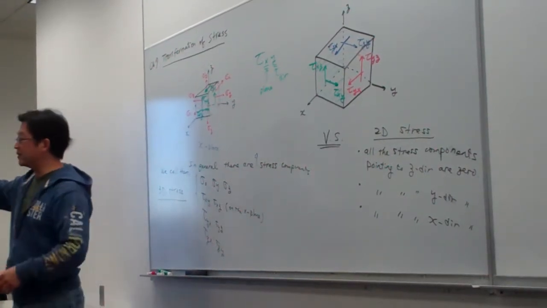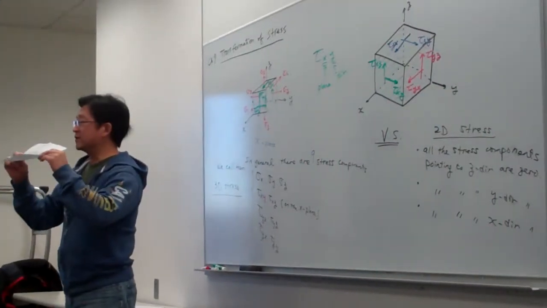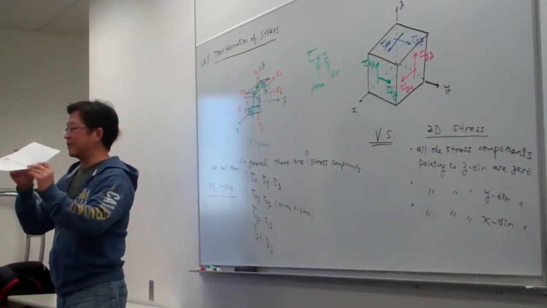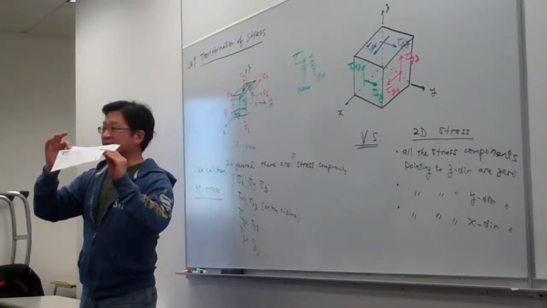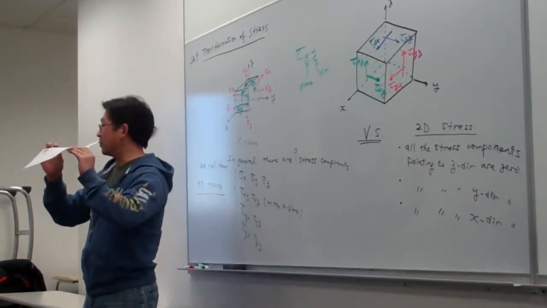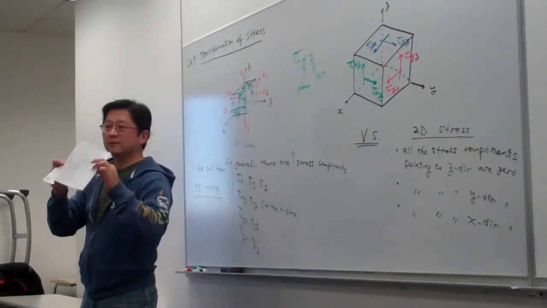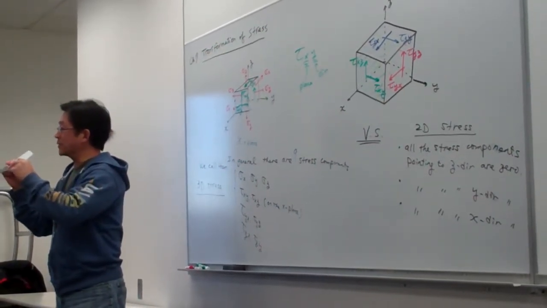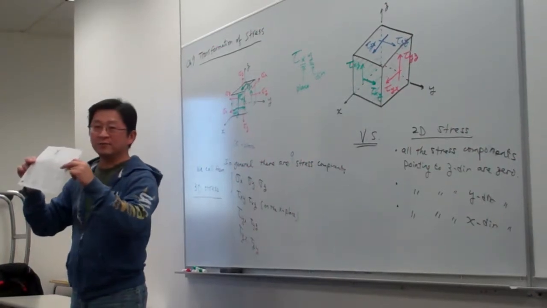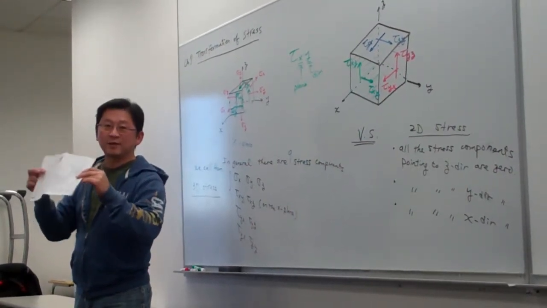This actually is a three-dimensional object, with length, width, and depth. In the third dimension, the depth is very small compared to the other two dimensions. Sometimes we can call this a membrane. The membrane is very thin in one dimension.